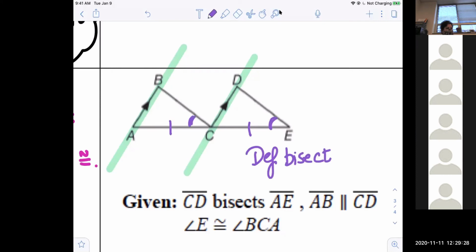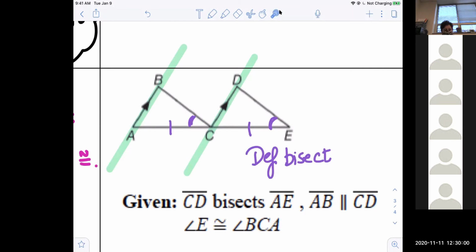Now again, notice that they used one letter for angle E. They used three letters for angle BCA. That is because why, Braden? So ACB is the same as BCA, right? Why can't you just call this angle C though? There's lots of angles, right?